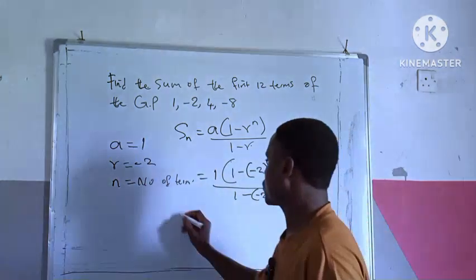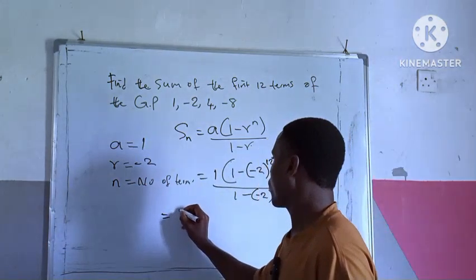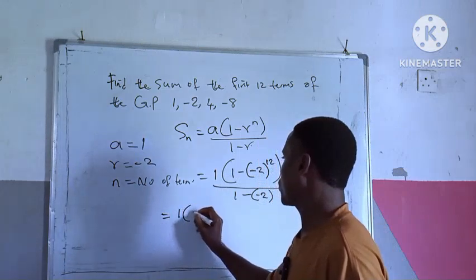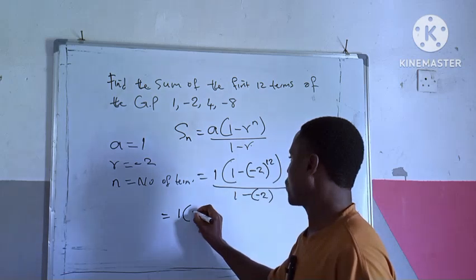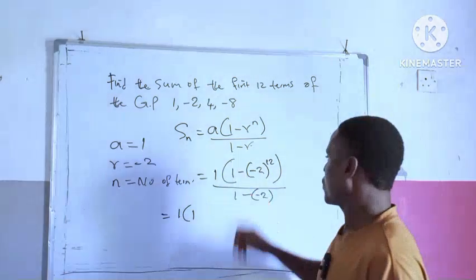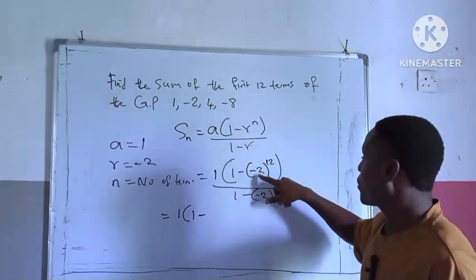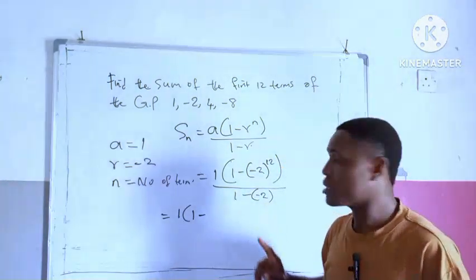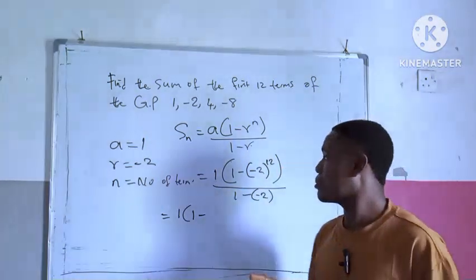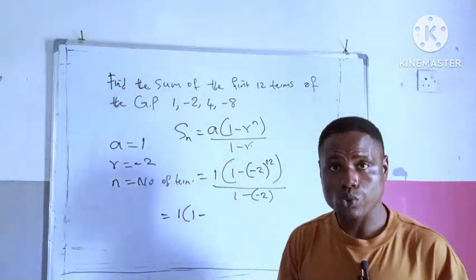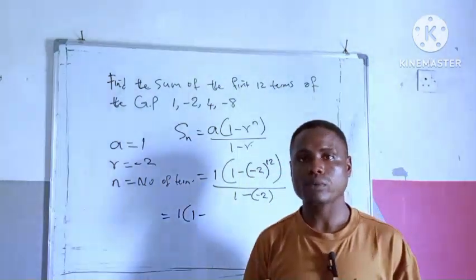Let's continue. We have 1 bracket open, then 1 minus minus 2 raised to power 12. Meaning we'll be multiplying minus 2 by itself 12 times.